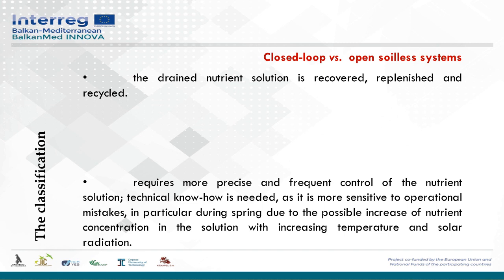It is clear that it requires more precise and frequent control of the nutrient solution. It requires much more technical know-how. It is more sensitive to operational mistakes, in particular during the springtime, due to the possible increase of nutrient concentration in the solution, because in this period of the year the air temperatures gradually increase, and due to the increase of the solar radiation.